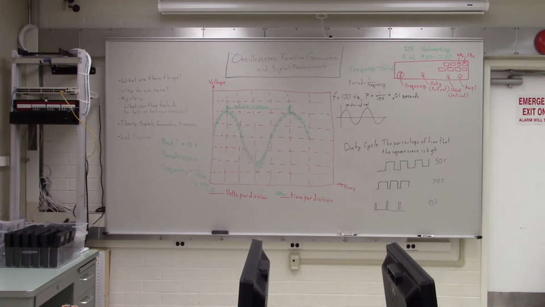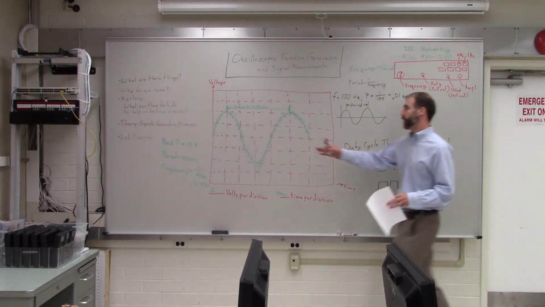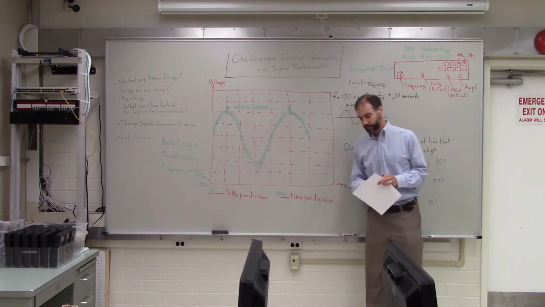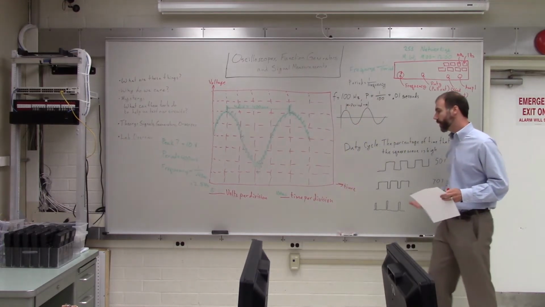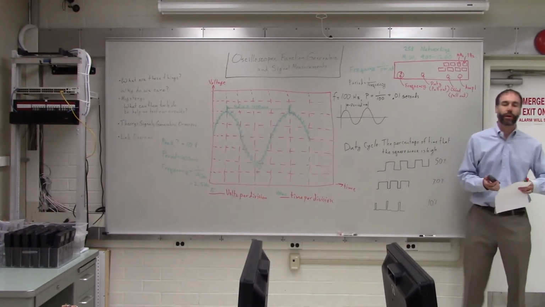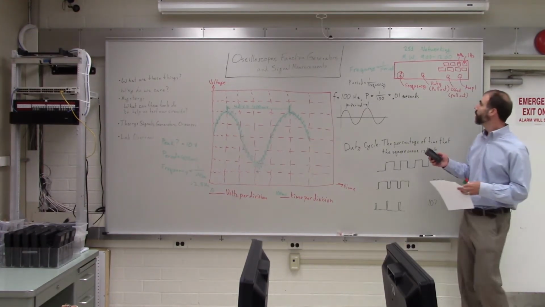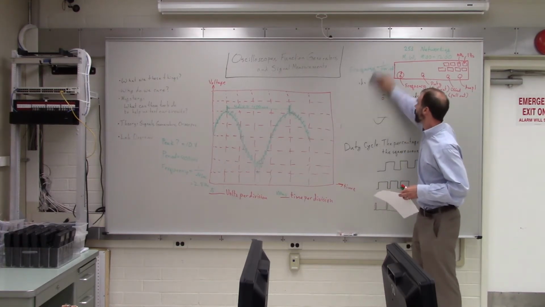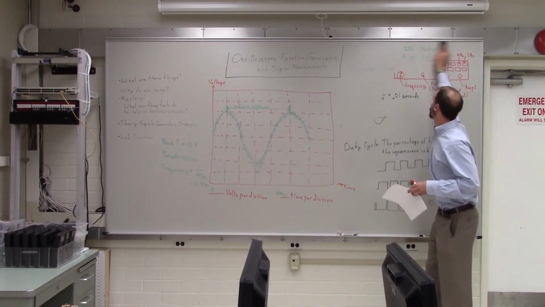So there are two main ways of measuring the frequency and the amplitude and things like that. There's the measurement mode of the scope, and then there are cursors, okay? So let me talk about those.